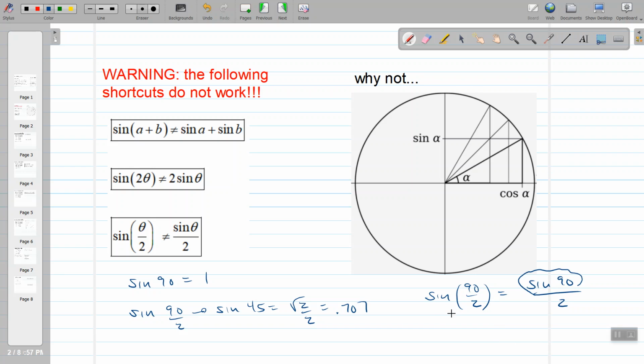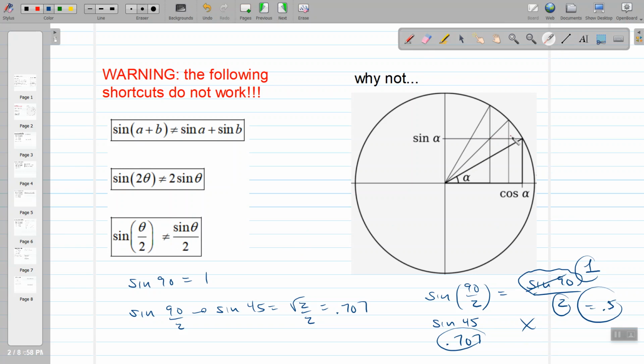Sine of 90 over 2, we just said, is the same as sine of 45, which is 0.707. However, when you look at this guy over here, sine of 90 is 1, and 1 divided by 2 is 0.5, and obviously these do not match up. So mathematically, that's why this doesn't work.